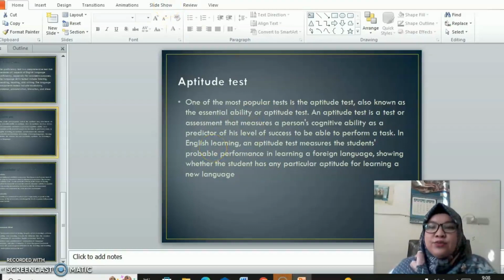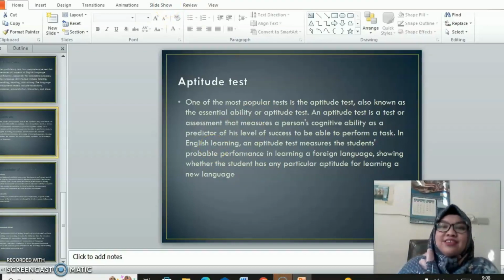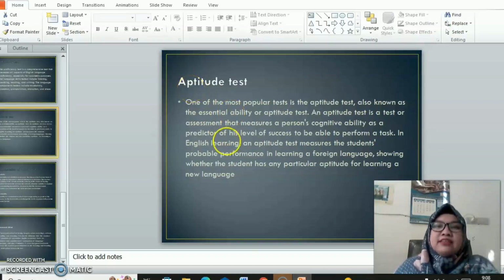Okay, we continue our session by explaining aptitude tests. What is aptitude test? Aptitude test is one of the most popular tests, also known as the essential ability or aptitude test.